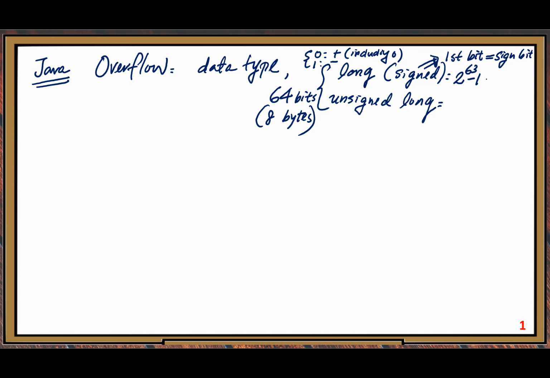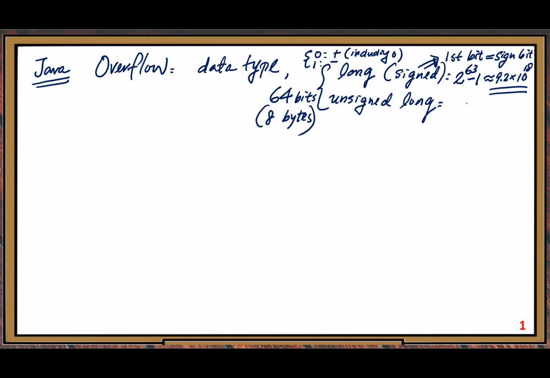That's approximately, we did a calculation, 9.2 times 10 to the 18th power. Is that big? It depends on how you want to use it. When we use it to calculate Fibonacci numbers, that's not big enough, right?